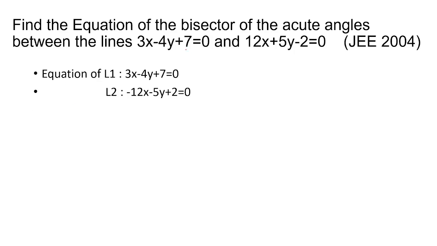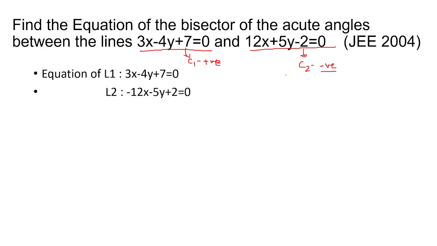If we see the first equation of this line, if we assume this is C1, it is positive, so this is okay. But in the second line, this C2 is negative.